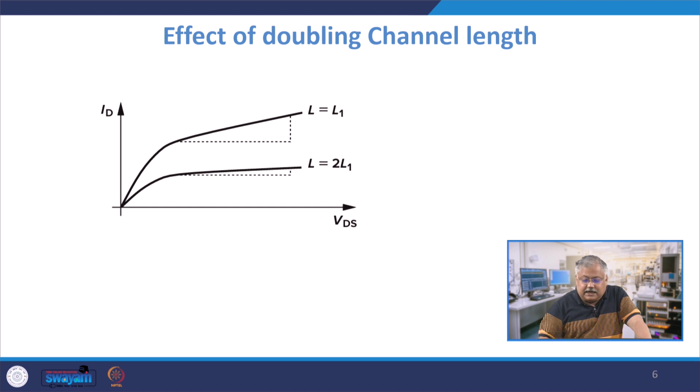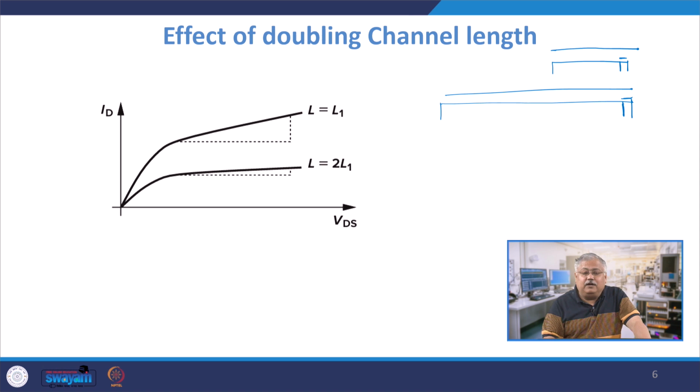When you have a shorter channel length versus a larger channel length, your depletion thickness is this much only, here also this much only. So this divided by this will be much larger as compared to this divided by this, and therefore your lambda will be lower, and therefore you see your value of current is actually falling down for larger and larger values of VDS. Correct?